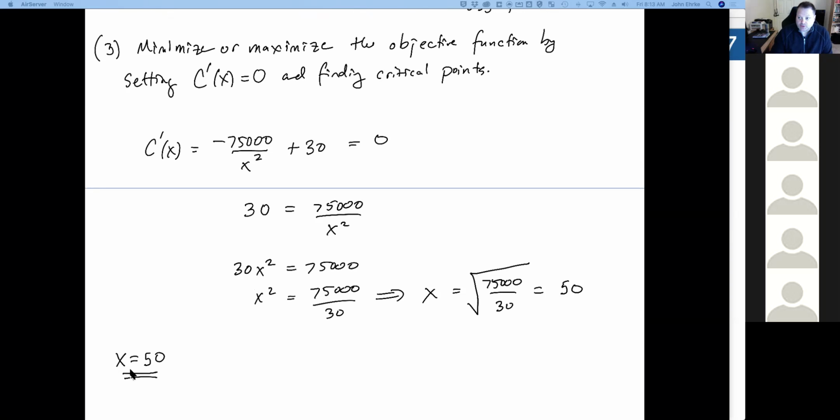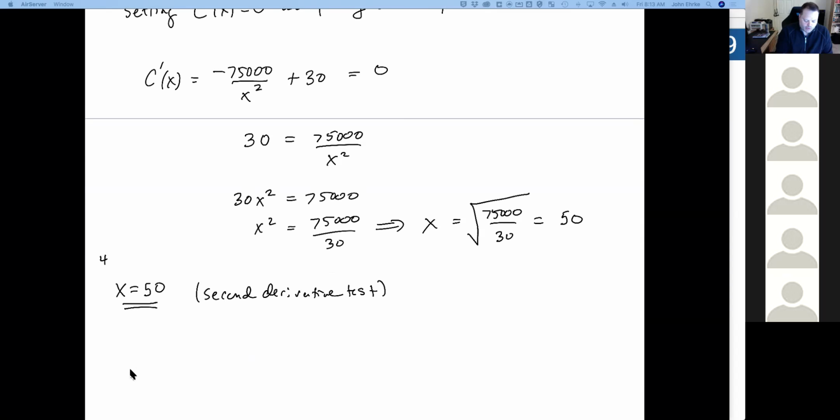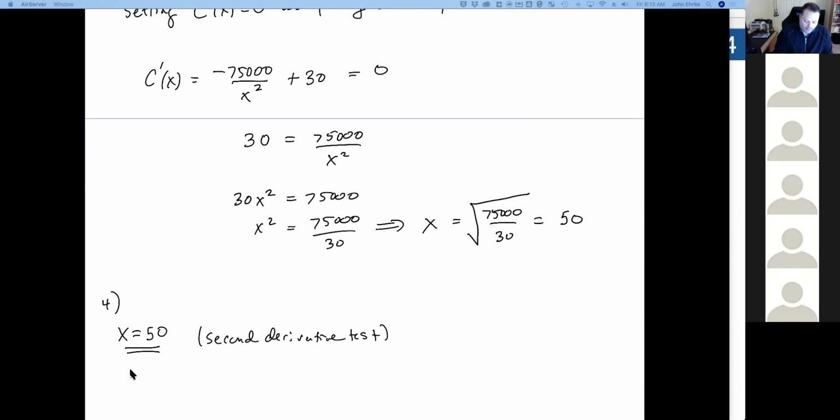So there are many ways that we could figure this out. The easiest way, in this case, is to use the second derivative test. So this is step 4. Step 4 is determine if the critical point is a max or min, or could be neither.